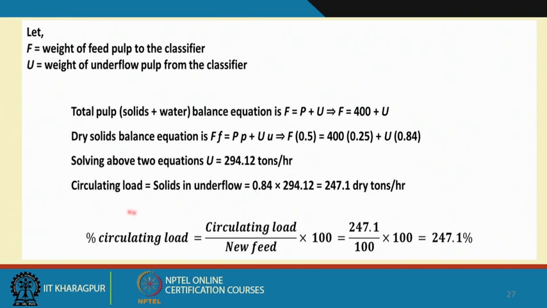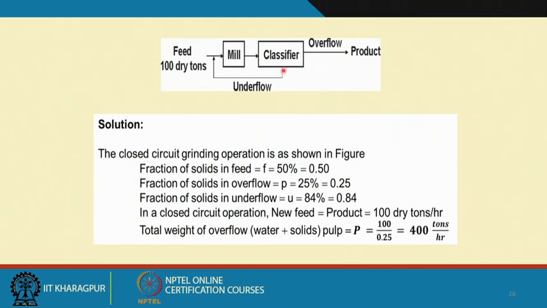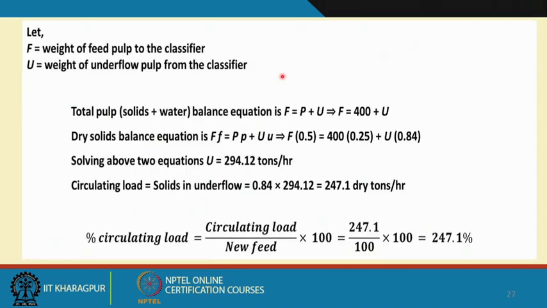Now I have to calculate the circulating load. Circulating load means the solids coming out through the cyclone underflow, that is the solids in the underflow. We already know it has 84% solids.